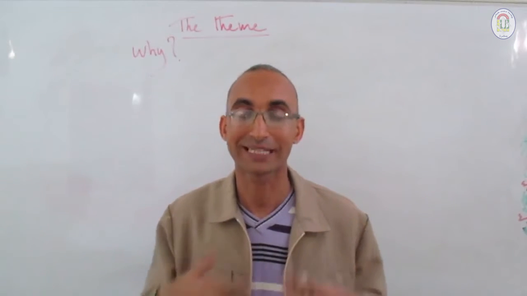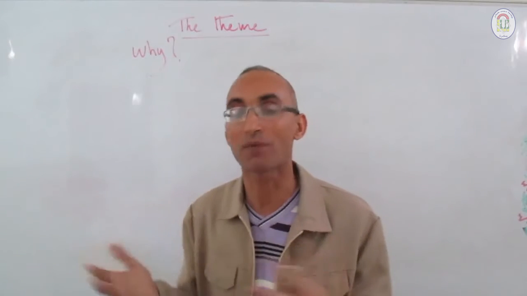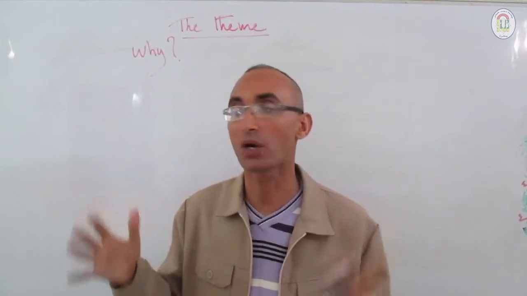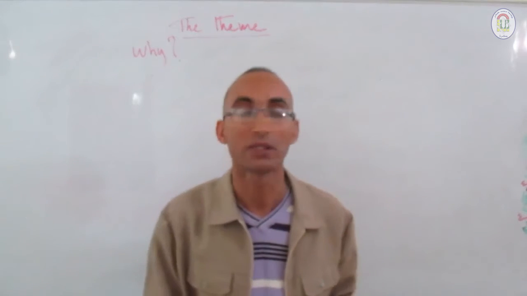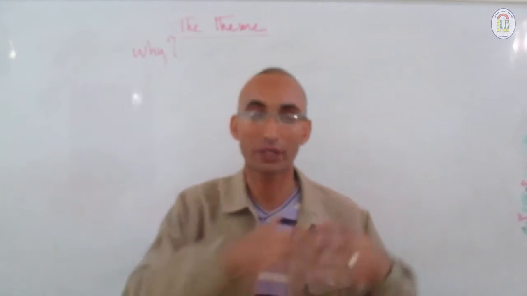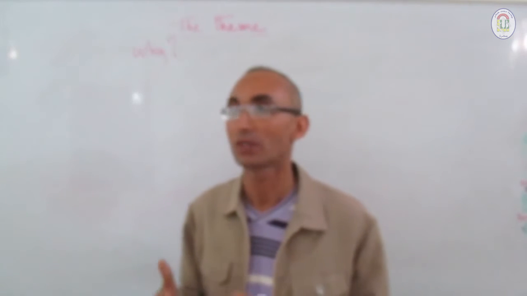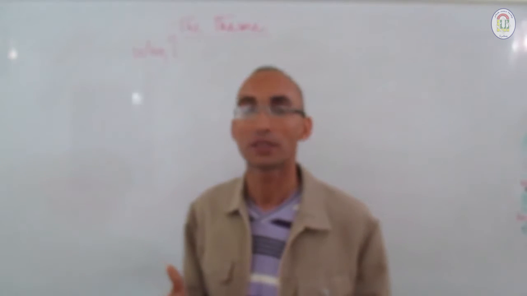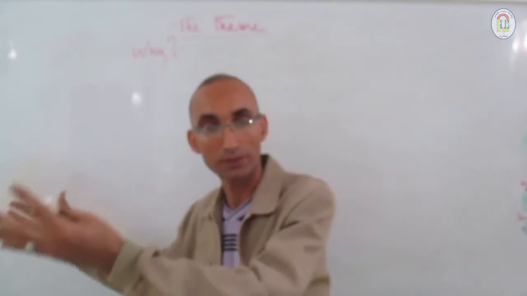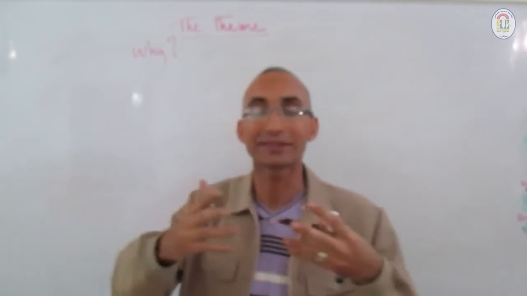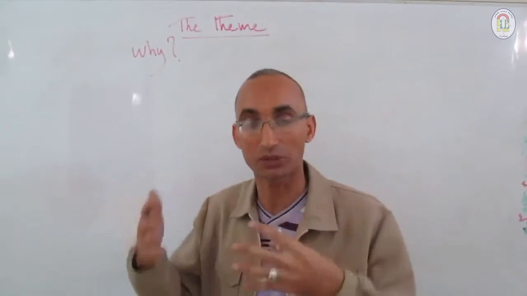Subject indicates the topic of the story, the general topic of the story. Clear? For example, childhood, or a story about a voyage in the sea, or about racism in general. These are subjects, topics of the story.